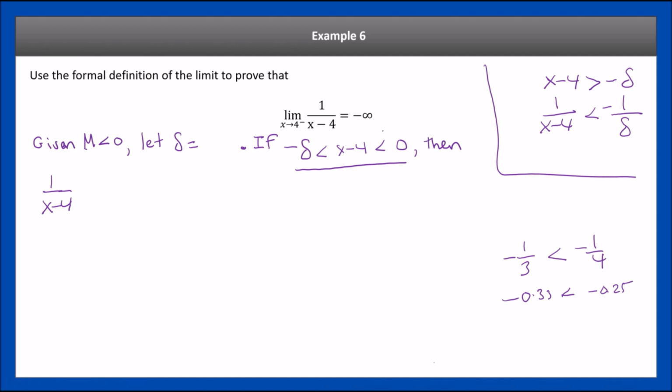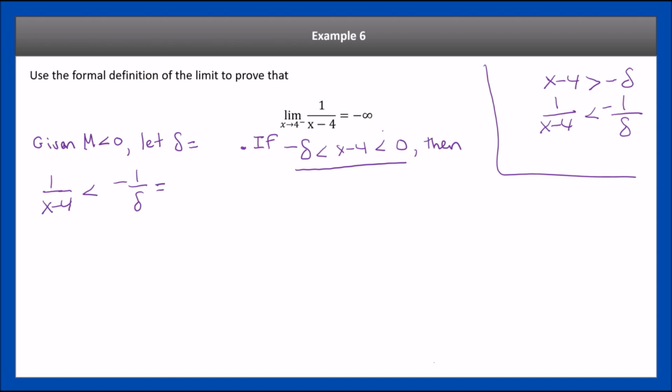Okay, so in that case, we'll go ahead and proceed. So now we said that this is less than negative 1/delta, and now that we've got 1/x minus 4 here, we can go ahead and plug it in. So this is less than negative 1/delta. And now we just have to show that negative 1/delta is equal to m.